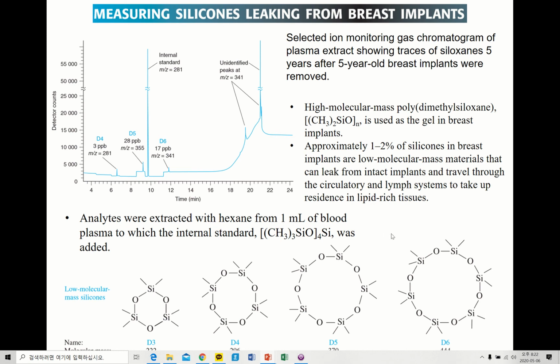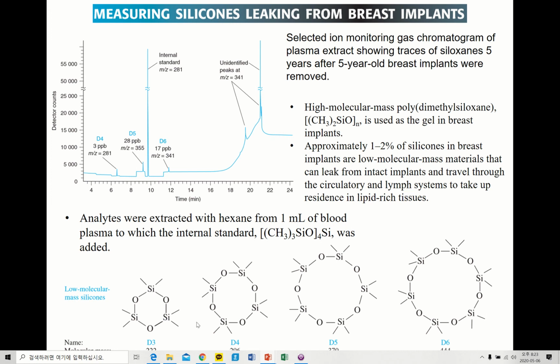Analytes were extracted with hexane from 1 milliliter of blood plasma, to which the internal standard was added. This one is used as the internal standard. And what are the low molecular mass materials that can leak from the intact implant?